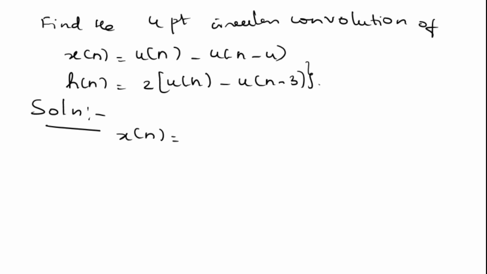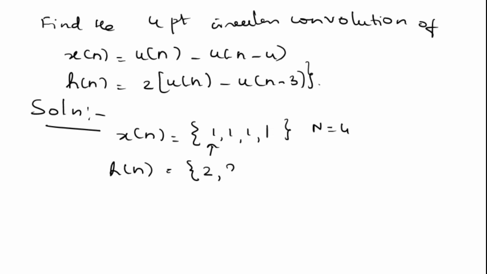X of n will be 1 1 1 1, 0 position, n is equal to 4, and h of n is equal to u of n minus 3, which means it is 0 1 2, the signal will be 1, and at 3 it is 0, and we have to multiply it by 2, so it is 2 2 2 and 0.